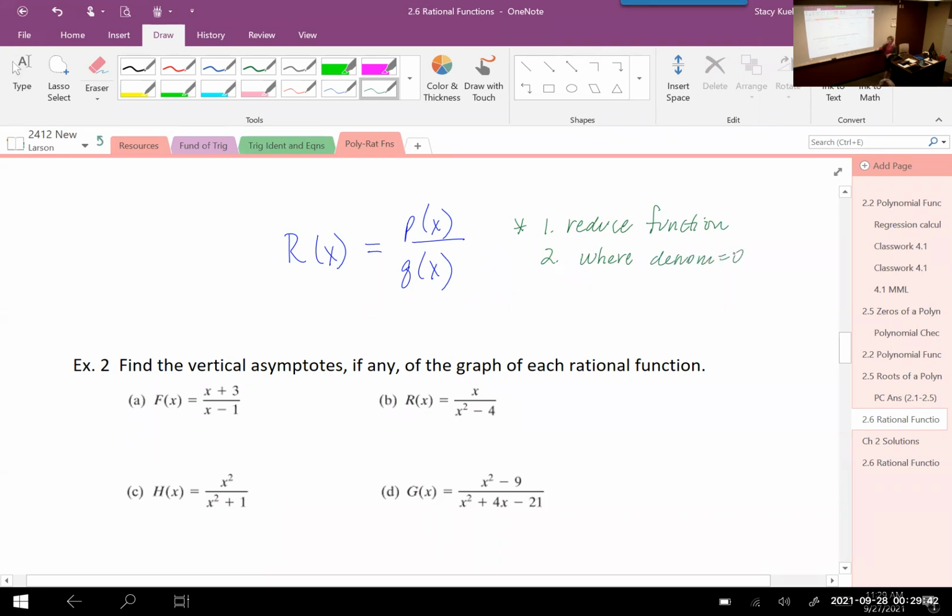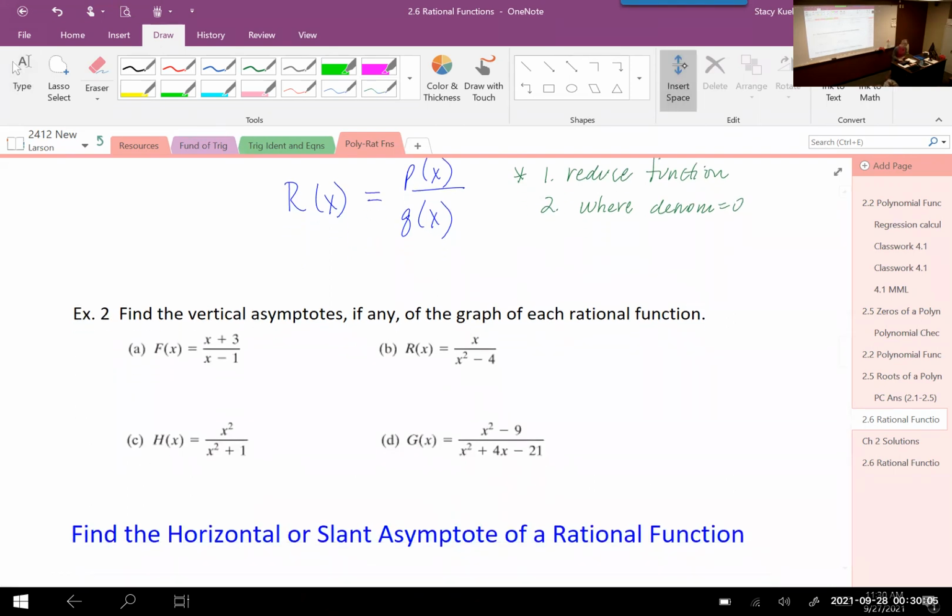But we first have to reduce the function. We reduce fractions by canceling common factors, right? That's how we reduce fractions, by canceling common factors. So we're going to reduce our rational fraction first, and then we're going to take the leftover and solve it for 0.